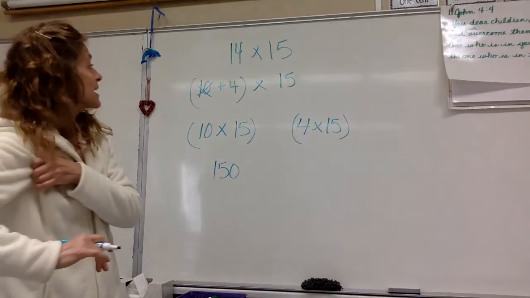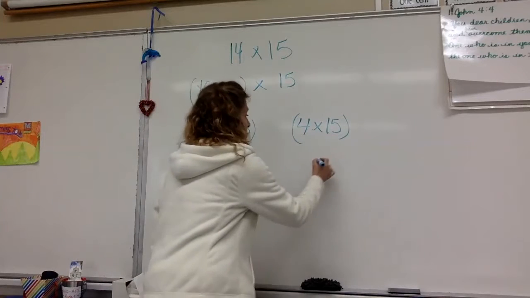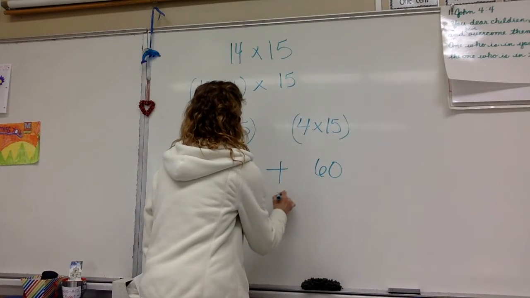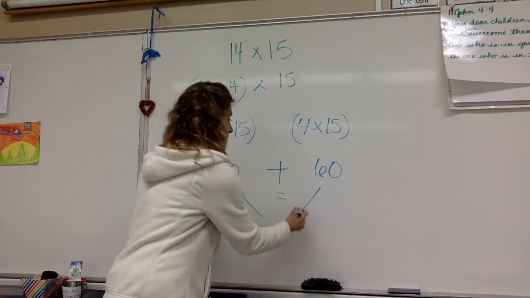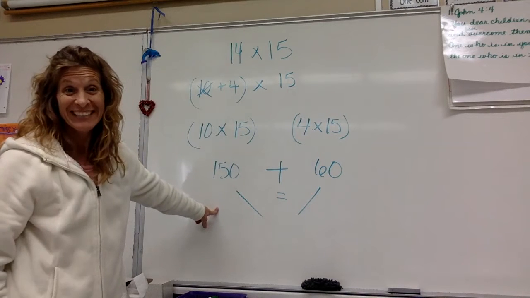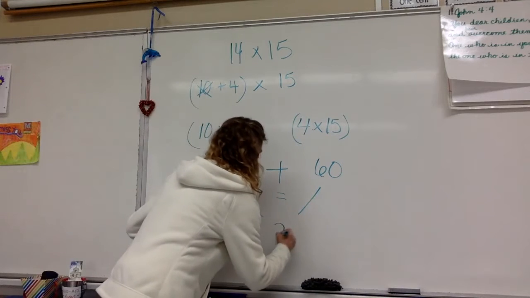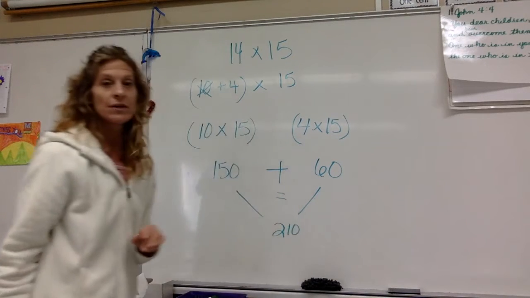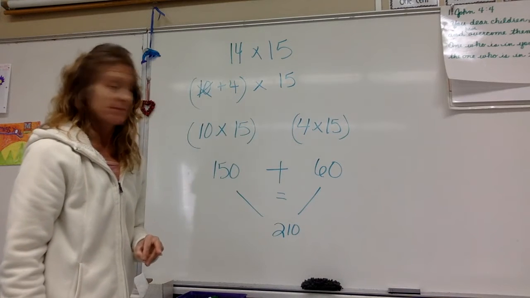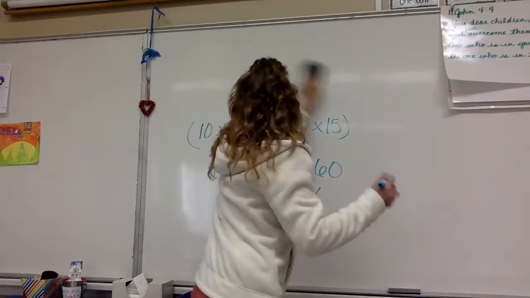And then what is 4 times 15? 60. You just add those two numbers together, right? And you should get 210. Okay? Let's do another one.